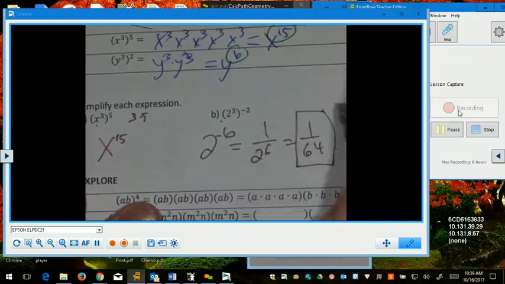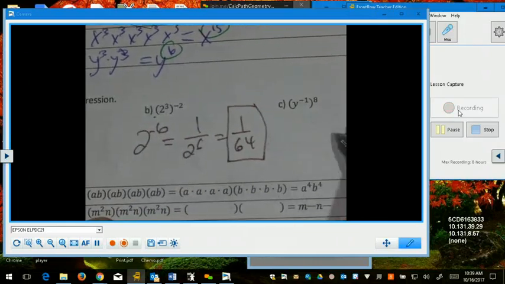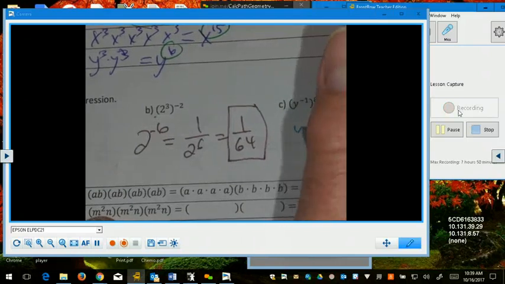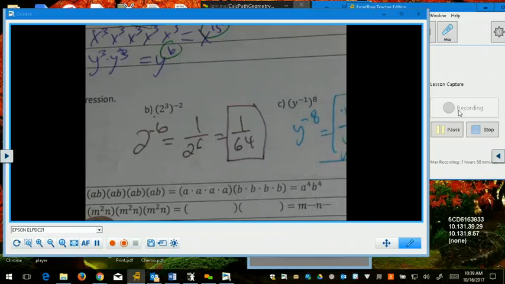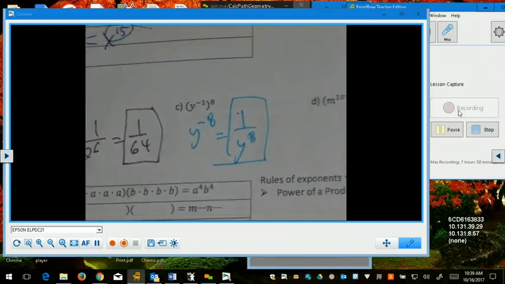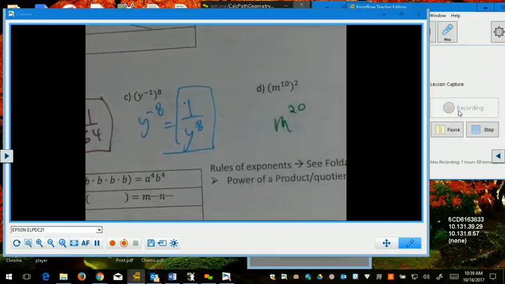So it would be 1/64th for letter B. What would letter C become? Y to the negative 8th, which is 1 over y to the 8th. And letter D would just become m to the 20th.